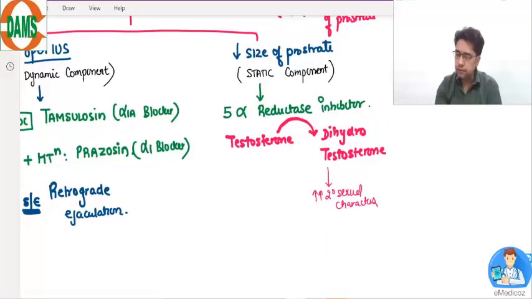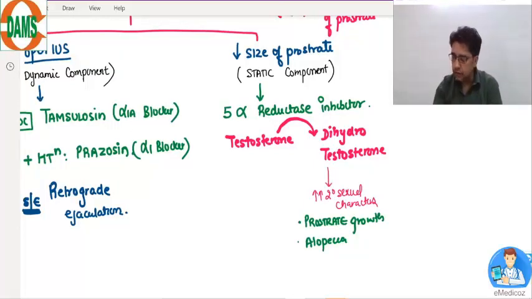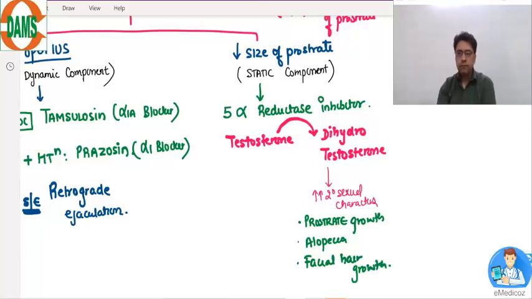Very simple: prostate growth, alopecia in males, and third, facial hair growth. So male-like characters are because of dihydrotestosterone.